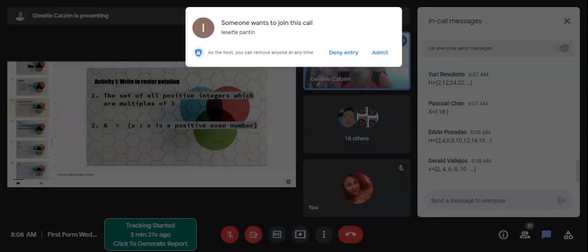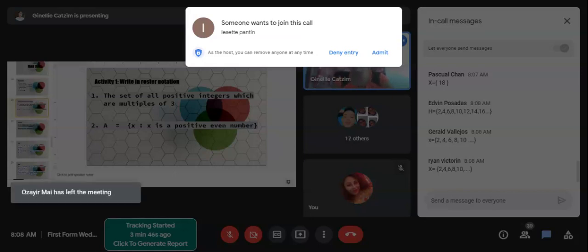So yeah, very good, Edwin and Gerald. That is how your set should look in roster notation. Although it says a positive even number, the set shouldn't have just one element. It should have the first elements and then your recurring dots.